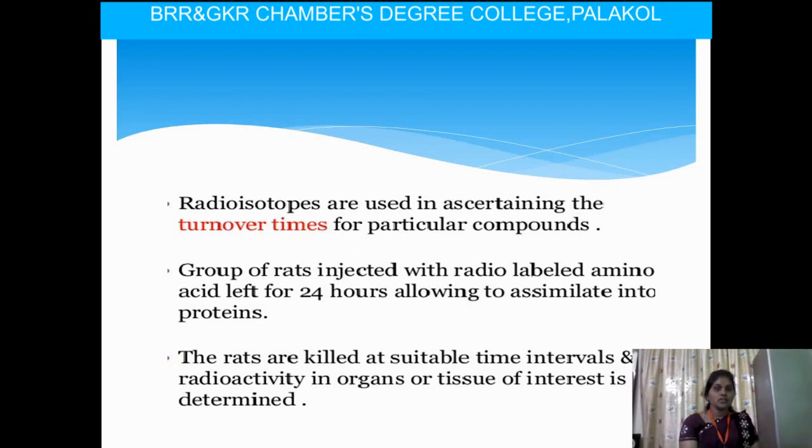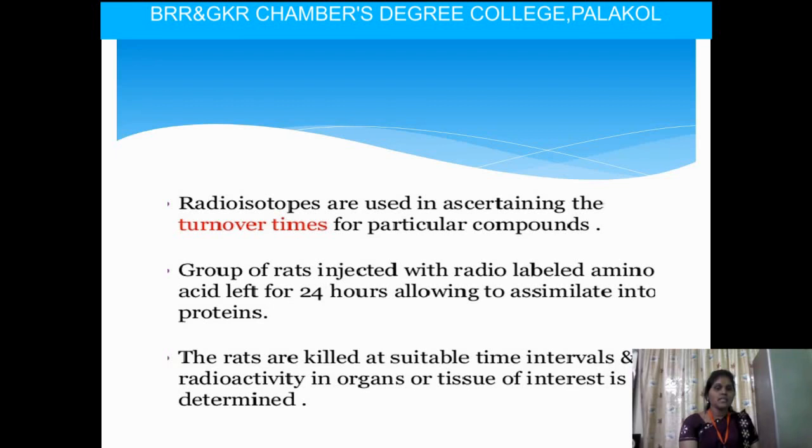The next one is, so we can know the turnover times. So radioisotopes are used in ascertaining the turnover times of particular compounds. So here for example, a group of rats is injected with radiolabeled amino acids, left for 24 hours and allowed to assimilate into proteins.